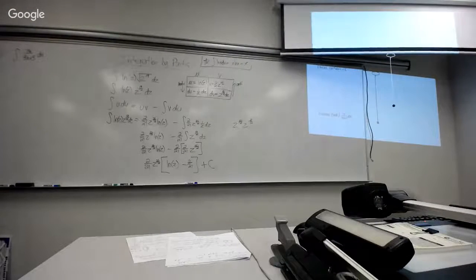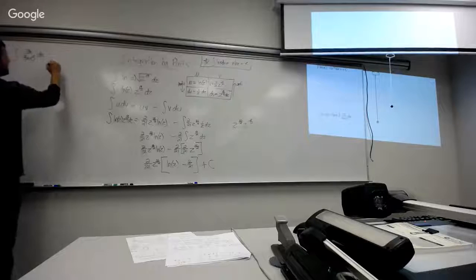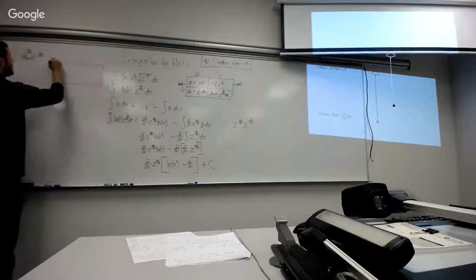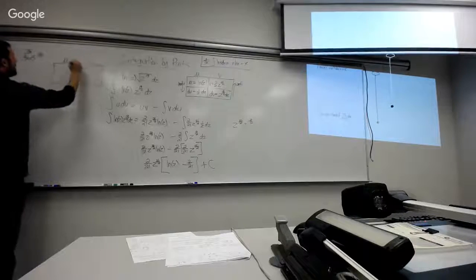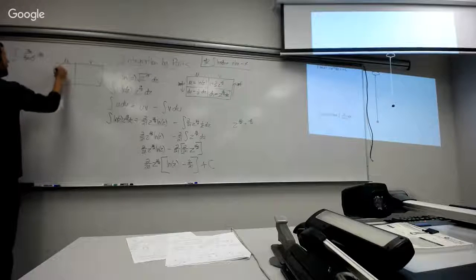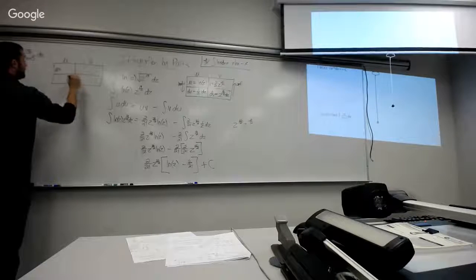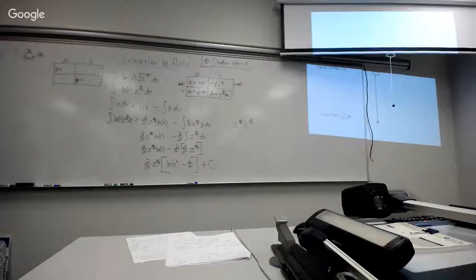So what should be our choice for u and v? Oh, that's dv. What do we even have up there? What are the two functions that we see up there?